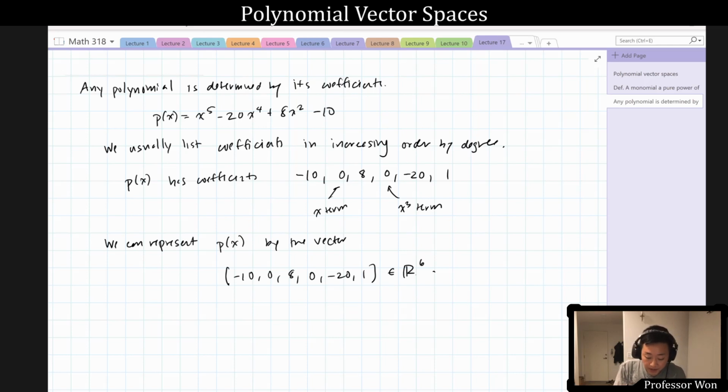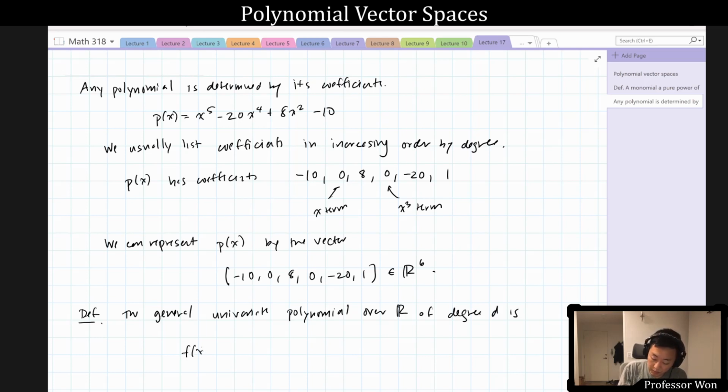Okay, and in general, we'll use the following notation. So the general univariate polynomial over R of degree d is, we'll write it usually like, we'll use a's for our coefficients, and we'll label them by what degree they occur in. a1x plus a0, where each ai is a real number.